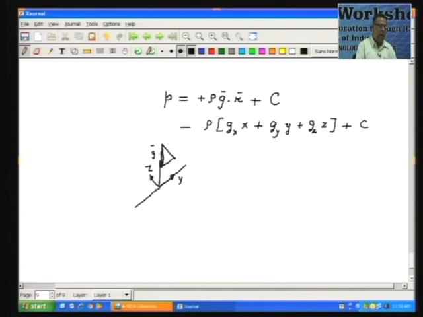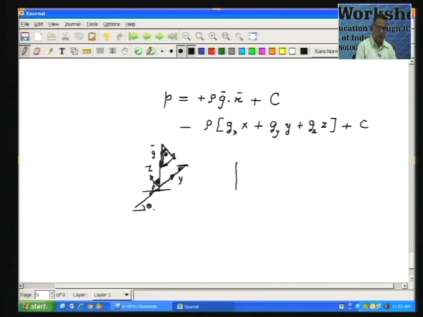So, this vector I can write as sum of this vector plus this vector. So, you can see that now this angle we had said was theta. So, this angle is theta. If I draw it here, this angle is theta. So, therefore, this angle is 90 minus theta and this angle is theta.